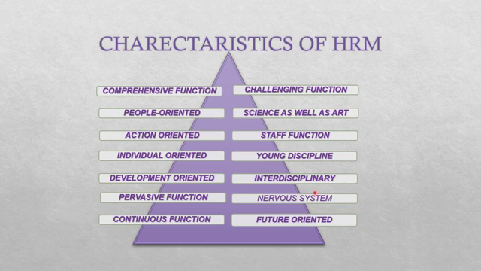Next we have interdisciplinary. We know that it's not confined to one particular learning, because the study of the human mind, the study of human nature, is a very difficult job. So just one concept is not enough. The ways of knowing an individual, or ways of knowing people at work, have been taken from various fields.